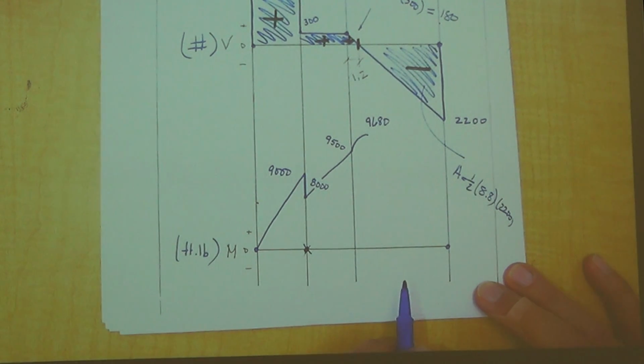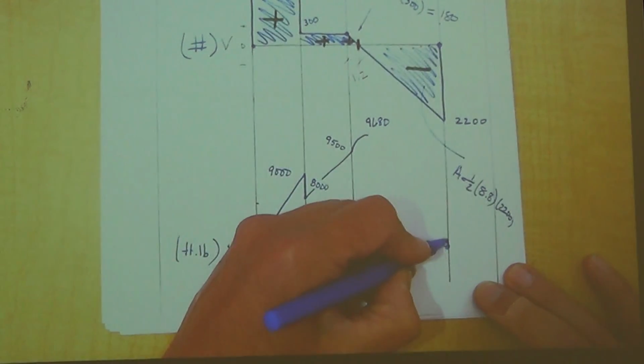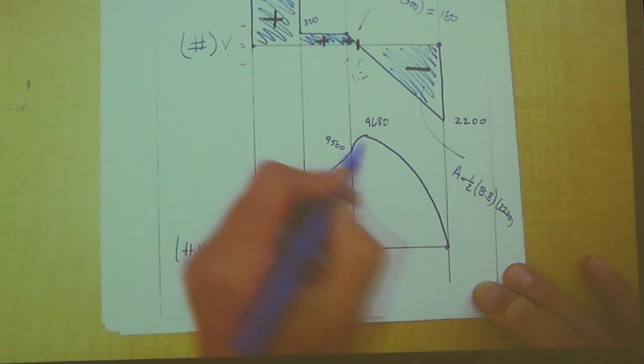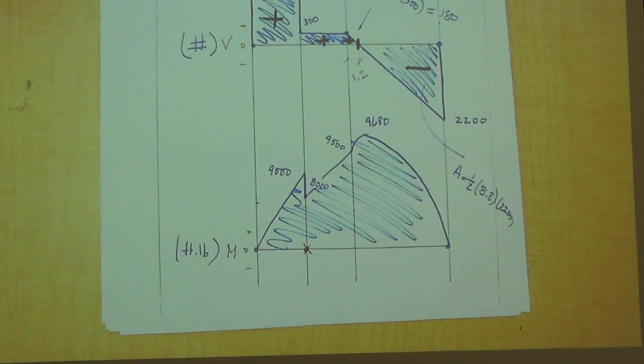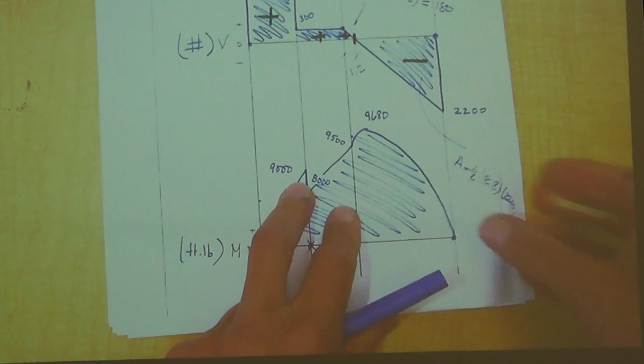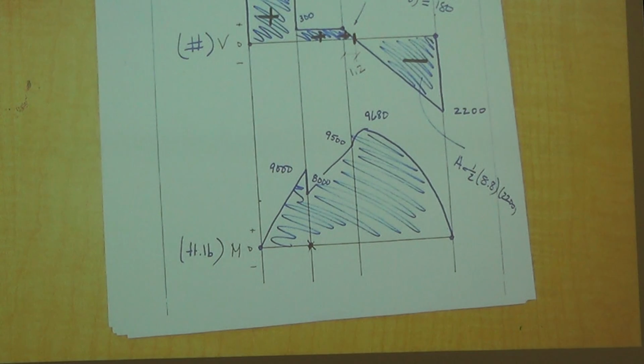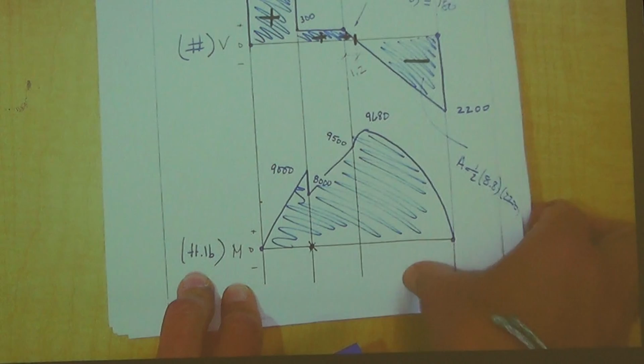But you want to check the math to make sure. What's the maximum shear, Isak? Maximum 9,680. Sorry, maximum moment, I meant moment.